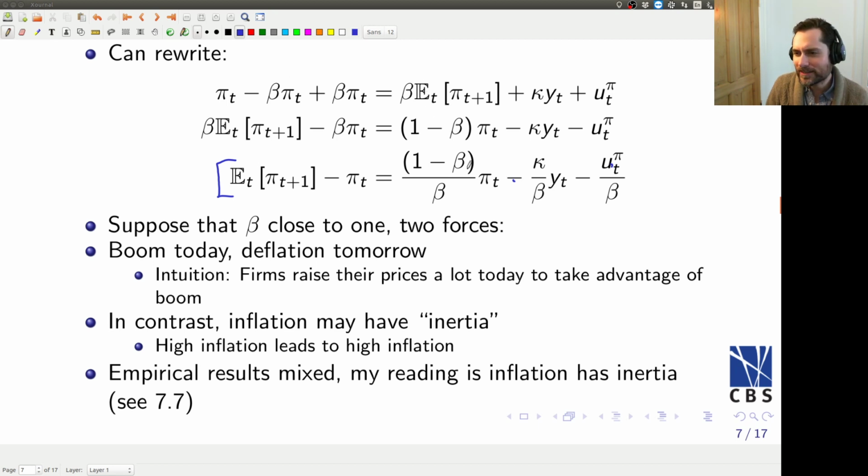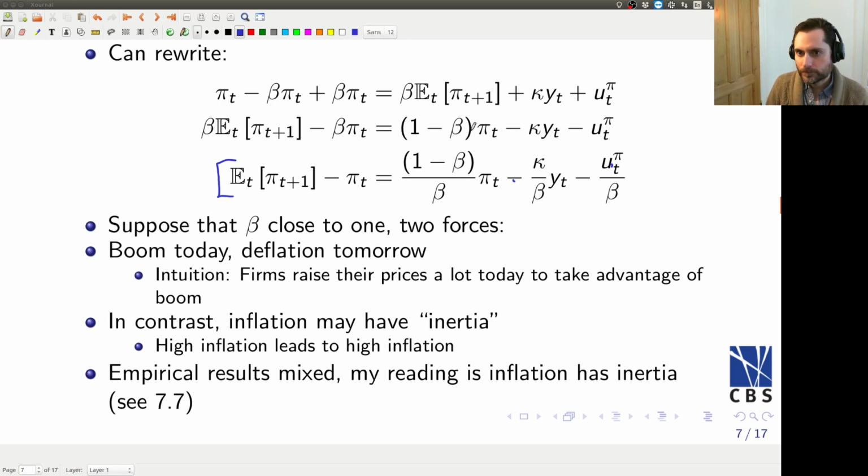And if that's the case, then the higher inflation is today, the closer we think that inflation tomorrow will just be to 0. So basically, when beta is close to 1, the difference between tomorrow's inflation and today's is just going to be the same as today's inflation, because we expect it to be 0 tomorrow, or the steady state level tomorrow.